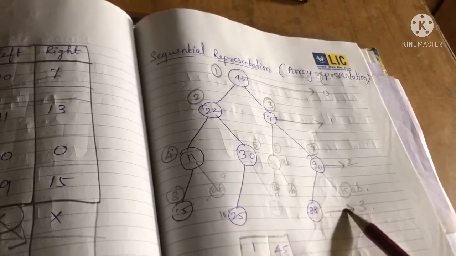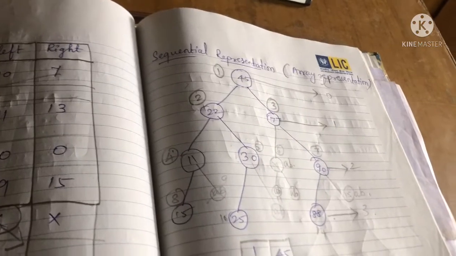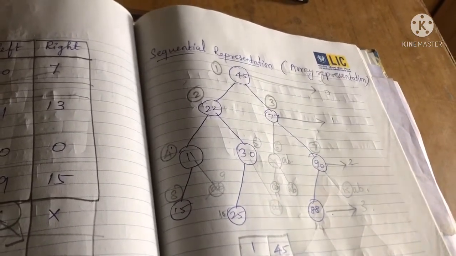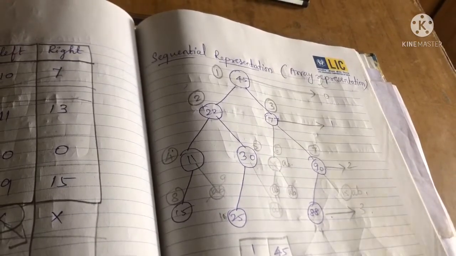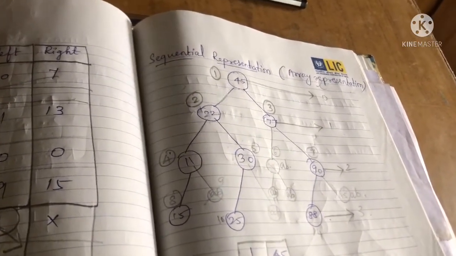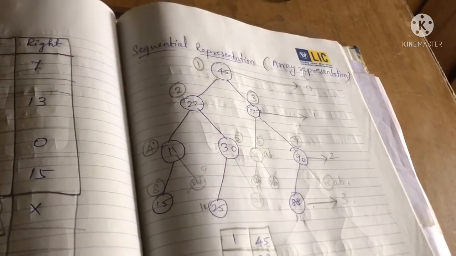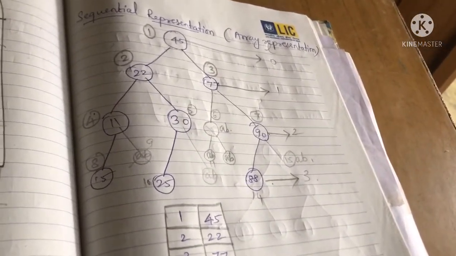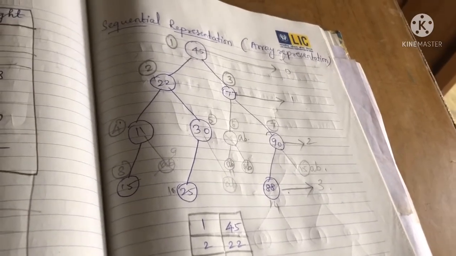In this level, 15 nodes are possible, but some nodes are missing. Some data are not available, but that is no problem, because the location is available in this representation. Sequential representation is arranged in this sequential manner.